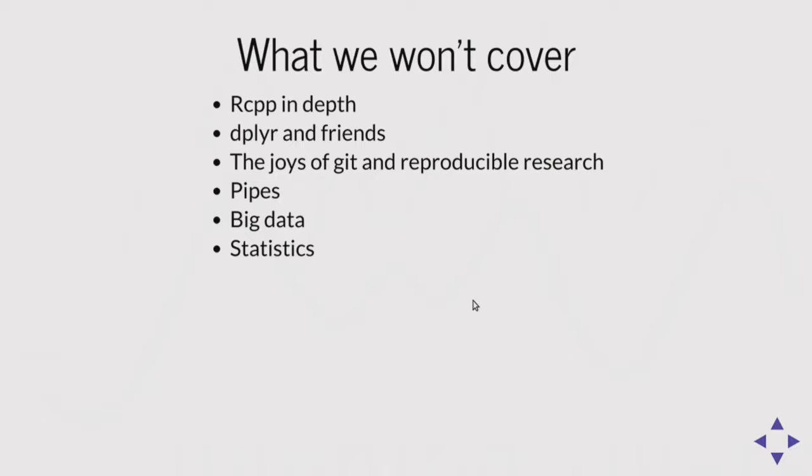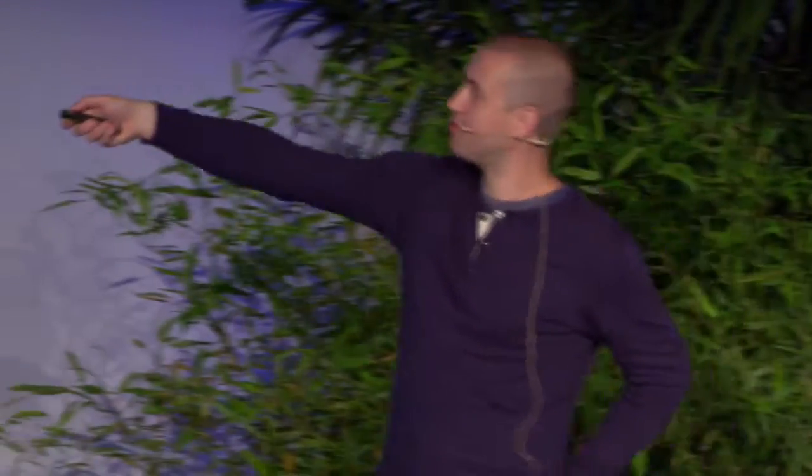We're not going to talk about the joys of Git, or the terror of Git. If you ever use Git in the command line, it's like a different language. Not going to talk about pipes. We're not really going to talk about big data either. We're not going to do any stats whatsoever, except for the mean.